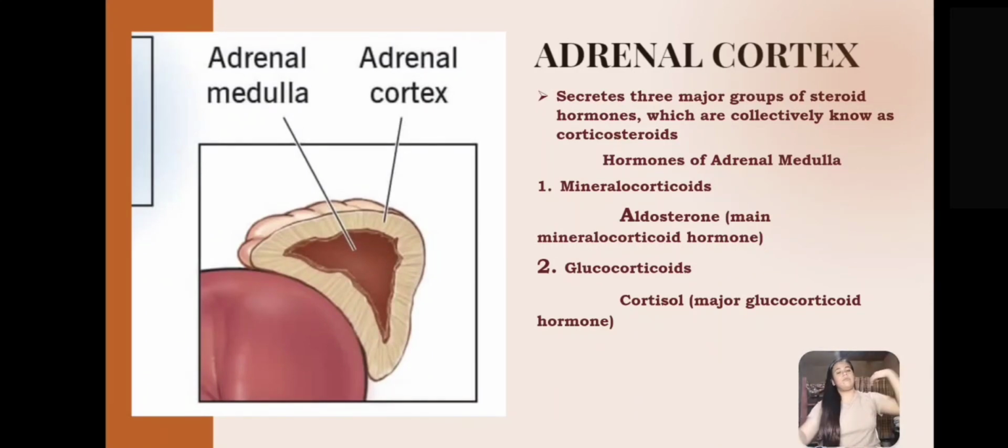So kani silang cortisol o cortisone kay ginatabangan nila ang atong body para ma-resist bitaw ang long-term stressors. Unya kani pod silang cortisol o cortisone kay anti-inflammatory pud ni sila.